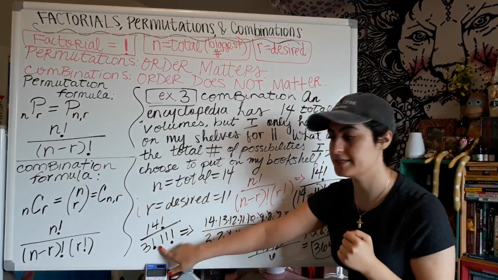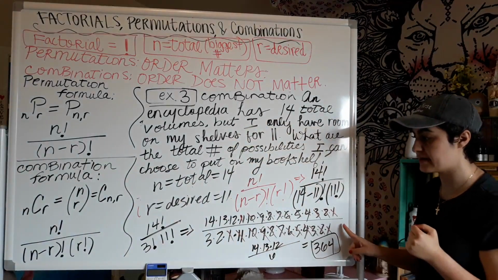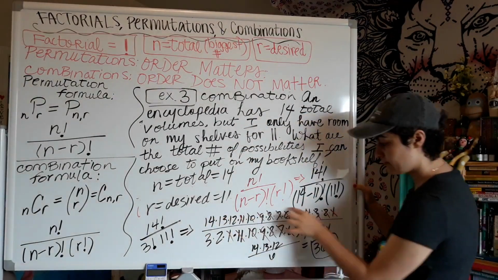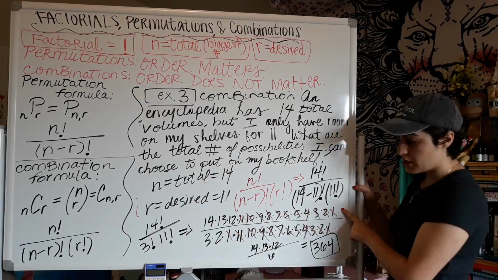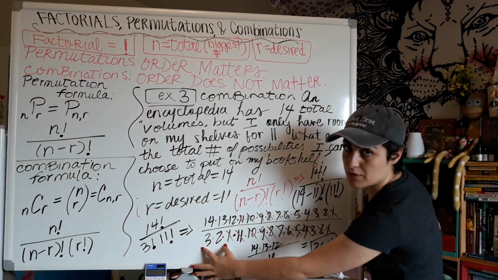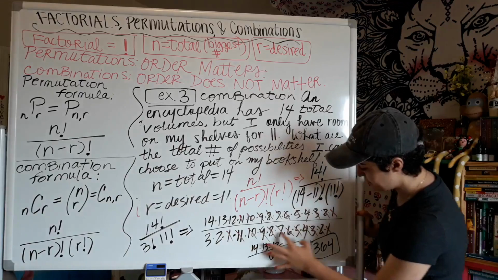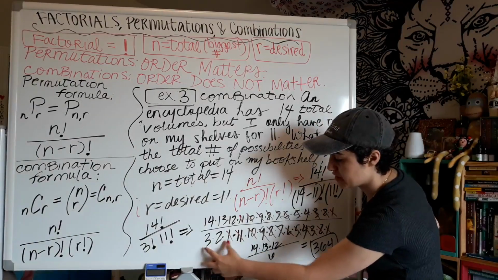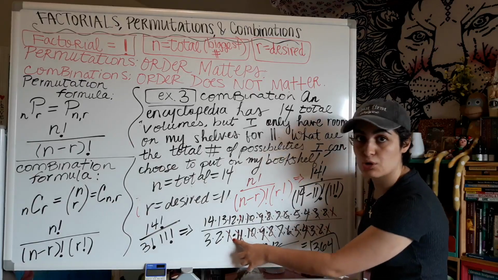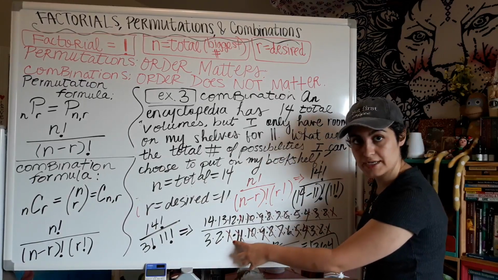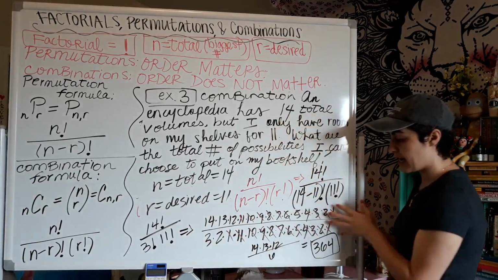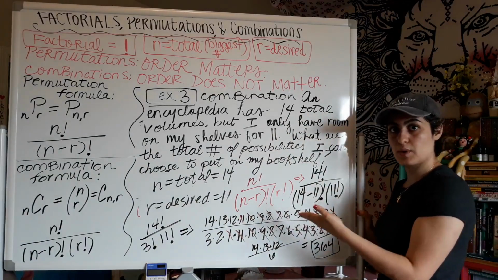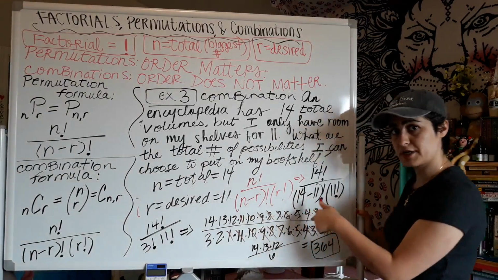After this, I expanded everything: 14 factorial on the very top, and then 3 factorial and 11 factorial. Between the 3 and the 11, it's just a single multiplication. So that is expanded, and I started canceling.